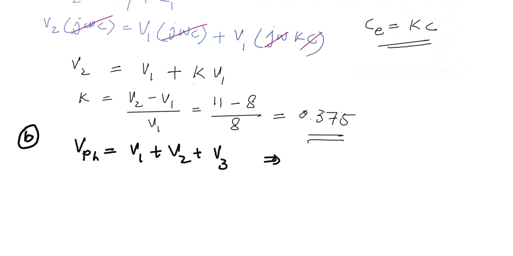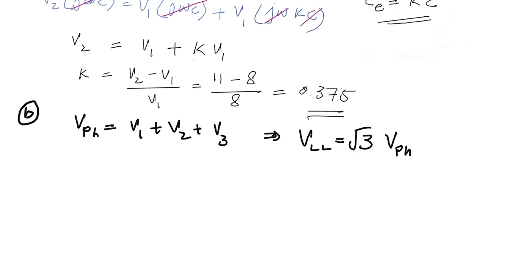And further we will use V line to line, or V line, is equal to square root of 3 times V phase. So in order to get V phase, we need V1, V2 and V3. V1 and V2 are given, but we need to determine V3.